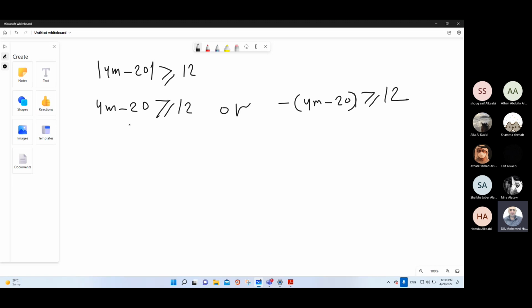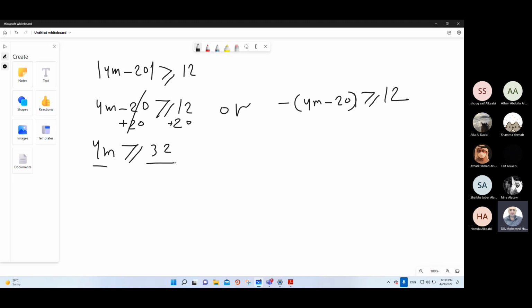Now we want to solve the two inequalities. The first inequality, to solve the first inequality, try to remove negative 20. To remove negative 20, add the inverse, plus 20 here, plus 20 here. Negative 20 plus 20 will be 0, remains here 4m, greater than or equal 12 plus 20 will be 32.